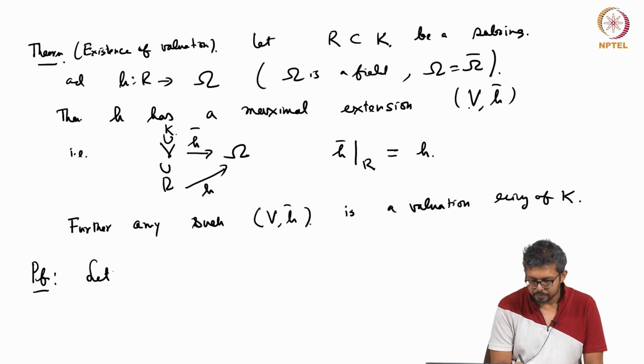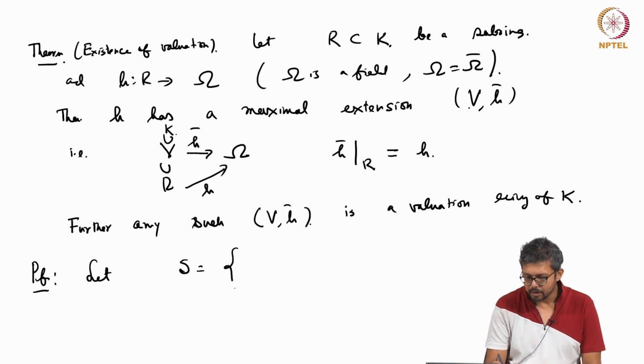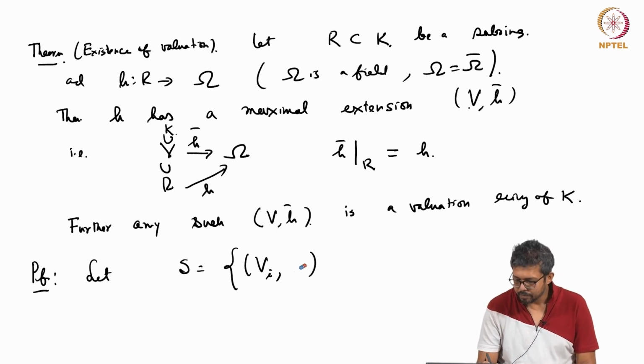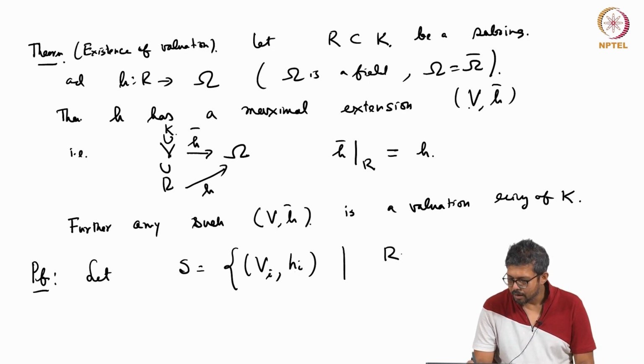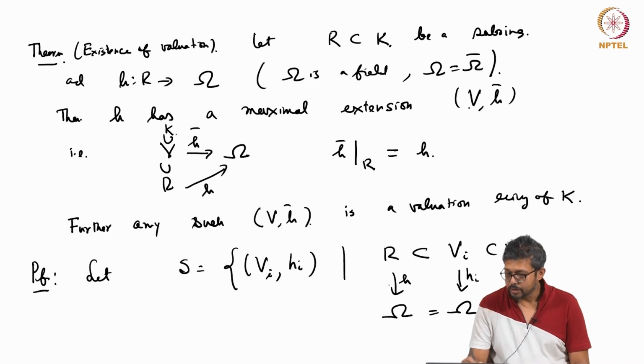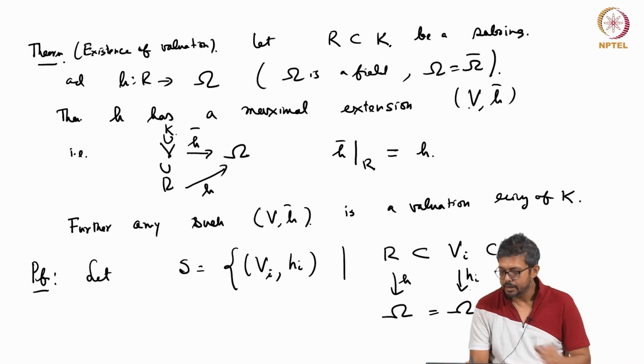Let S be the set of all such (V_i, h_i) such that R is inside V_i inside K, and h_i: V_i to omega is a map, where h_i restricted to R is nothing but h.